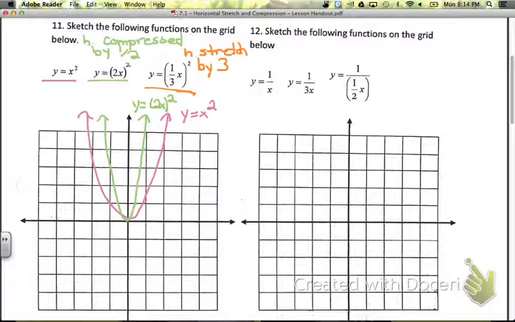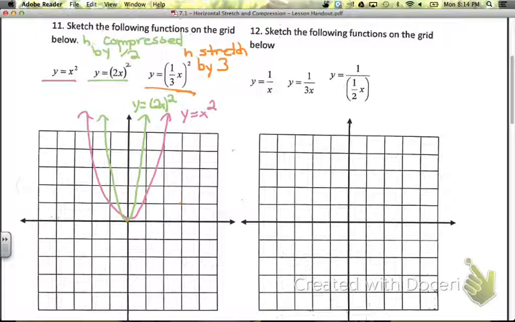So our point is going to exist at 0, 0, so at our origin. Now our point that's at 1, 1, that x value of 1 is going to be multiplied by 3, and therefore it's going to stretch to 3, 1. And our point up here at 2, 4, that 2 is going to be multiplied by 3, and it's going to be stretched to 6, 4.